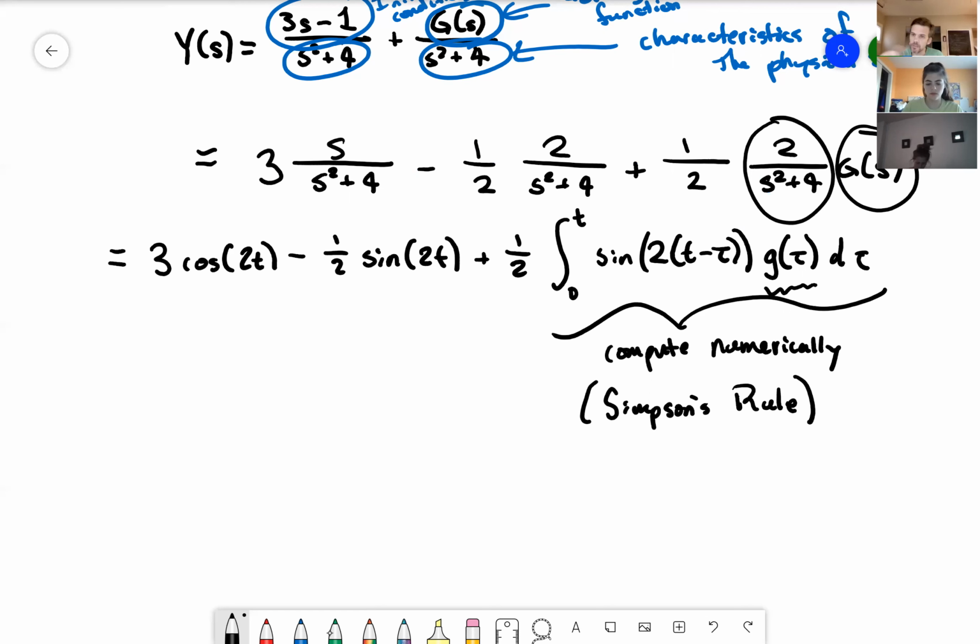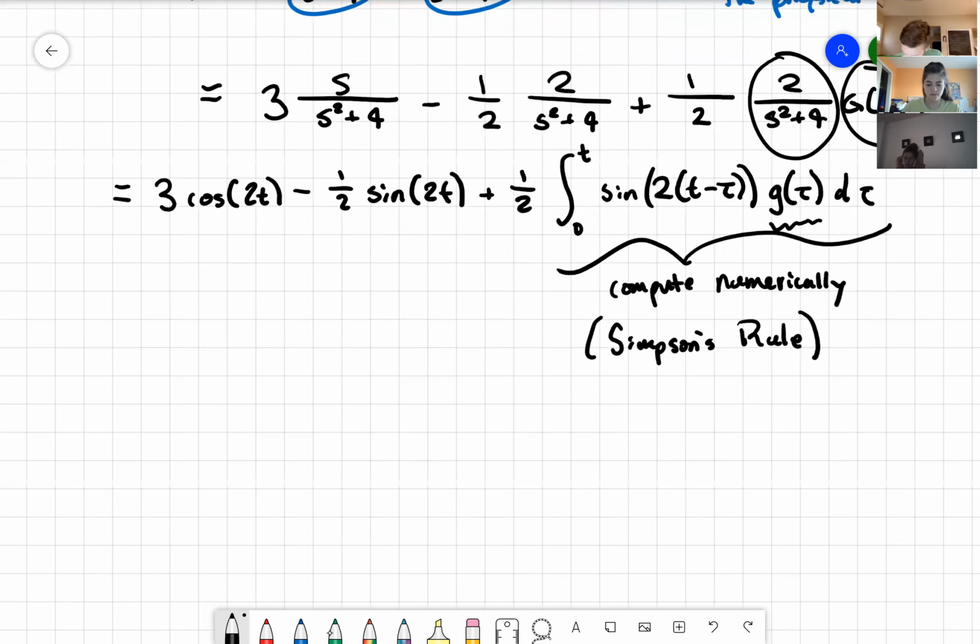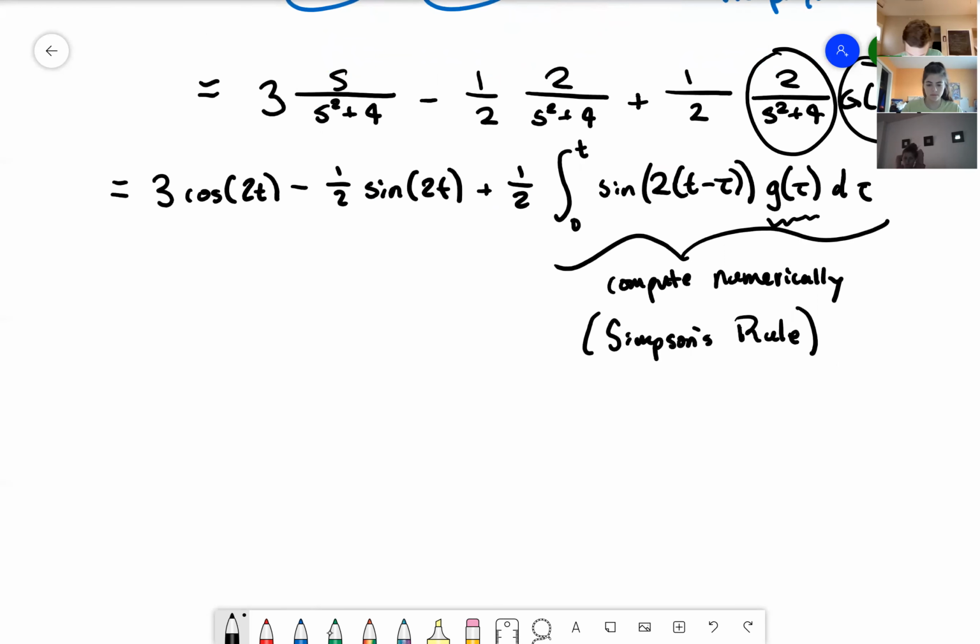However, computing an integral numerically is incredibly simple. You just plug your evenly spaced data points into Simpson's rule and have a computer do it. And that is as easy as things get in situations like this. That's a really fascinating thing that pops up in calculus.